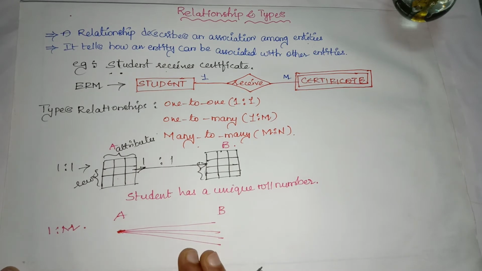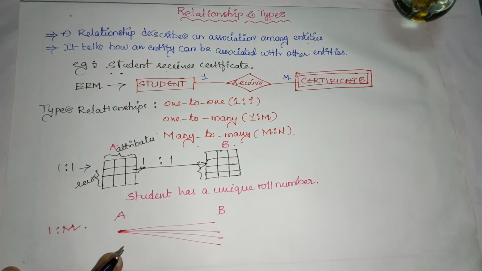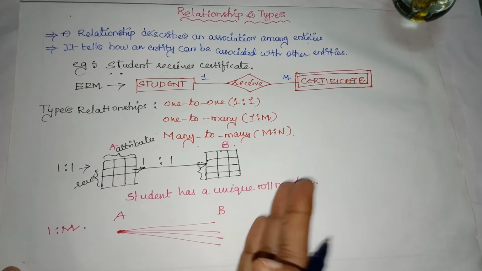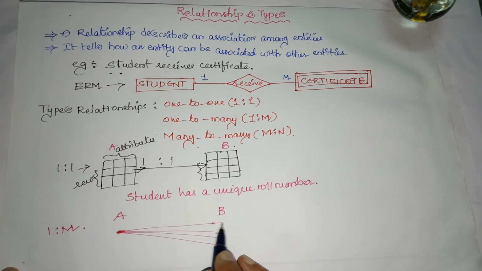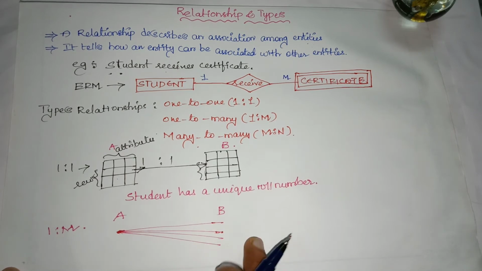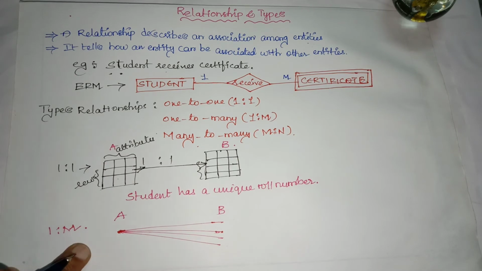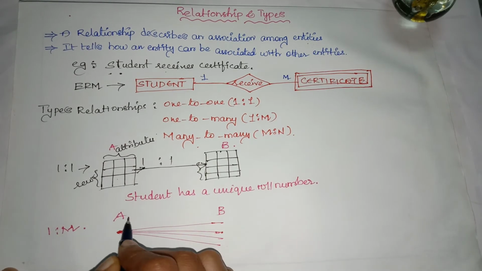You have to remember one more thing also: a record of table A can have many matching records in table B, but a record in table B has only one matching record in table A. Only then is it called a one-to-many relationship.